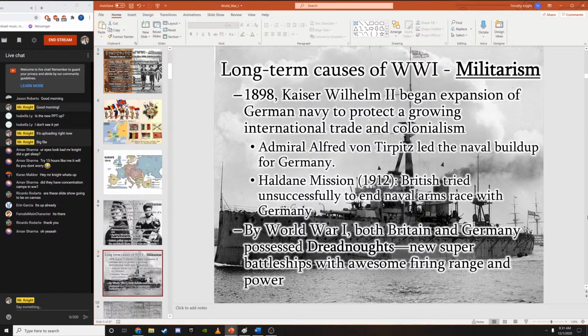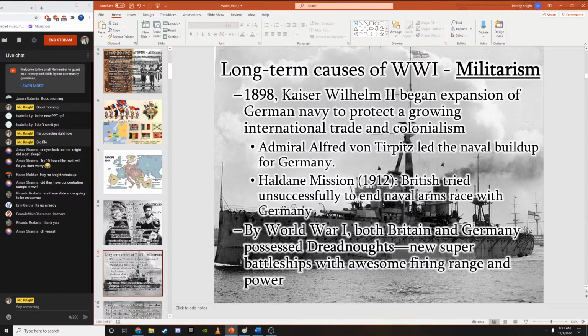In 1912, there was something known as the Haldane Mission, which was where Britain tried unsuccessfully to end the naval arms race with Germany and hopefully prevent having to go to war with one another, but it does not work.